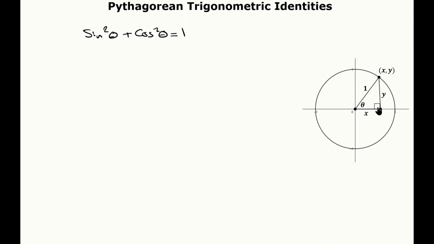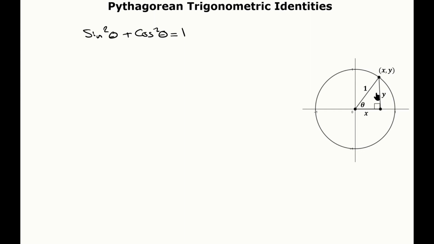And of course, just looking at this from a purely geometric point of view, we have a triangle, which is a right triangle here, and this side here will be x, this side will be y, and the hypotenuse, of course, is a radius of the unit circle, which, as we know, has length 1.